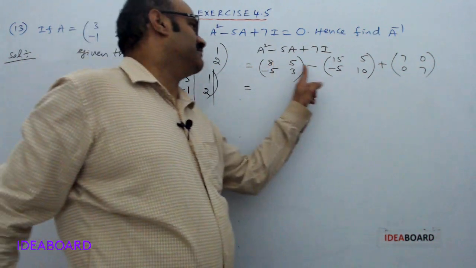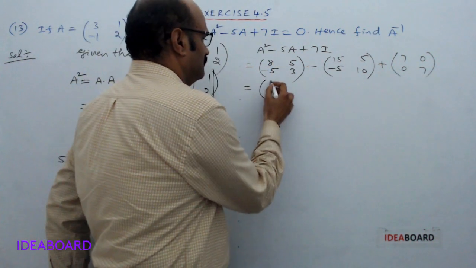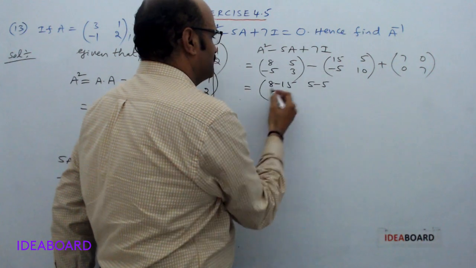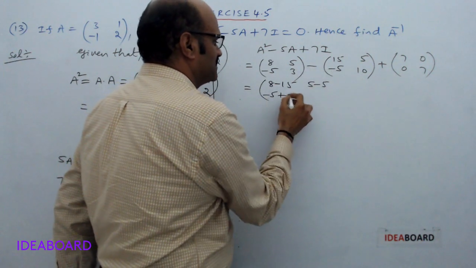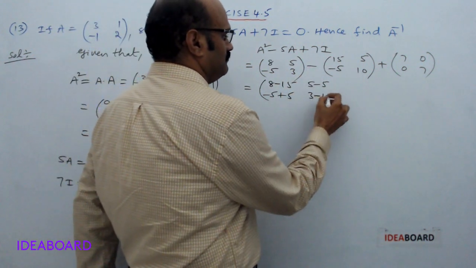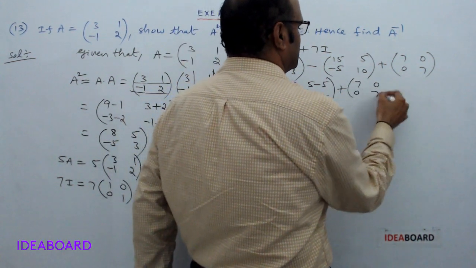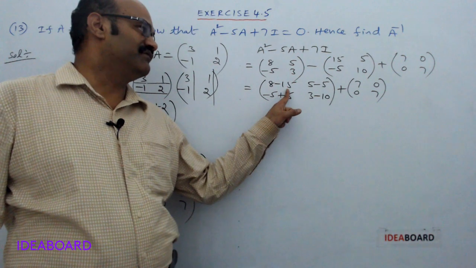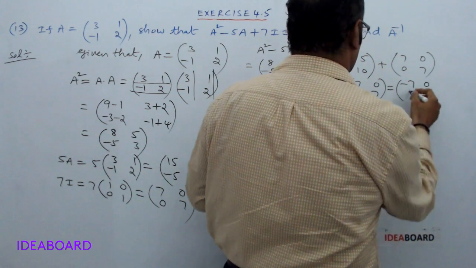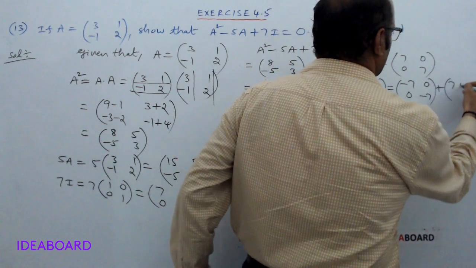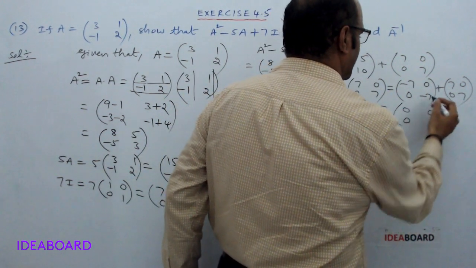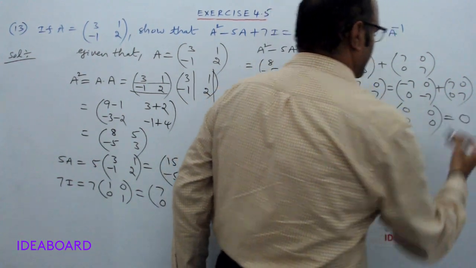Adding the entries: 8 minus 15 plus 7 equal to 0, 5 minus 5 plus 0 equal to 0, and so on. This equals the null matrix.